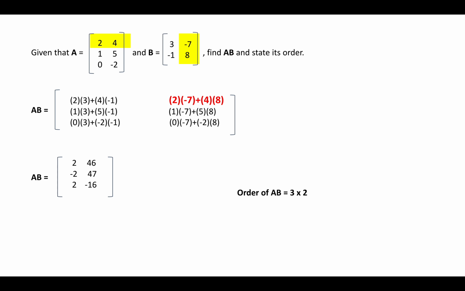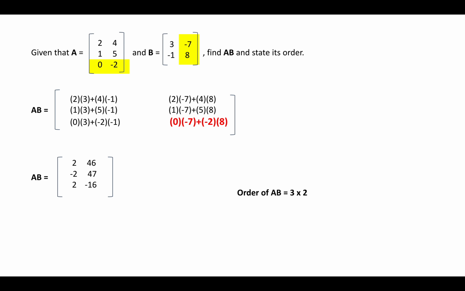That is the first row of A and then the second column of B. Now the second row, 1 times negative 7 plus 5 times 8. And finally, the third row, 0 times negative 1 plus negative 2 times 8. And that is how we obtain the final matrix, which is 2, negative 2, 2 on the first column, 46, 47 and negative 16 on the right column.